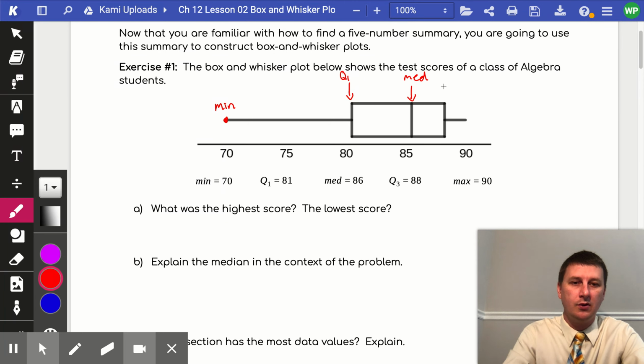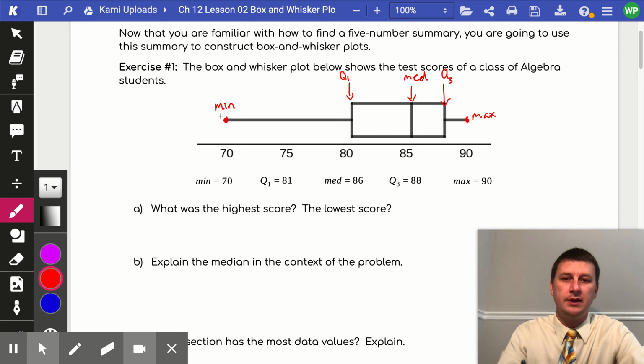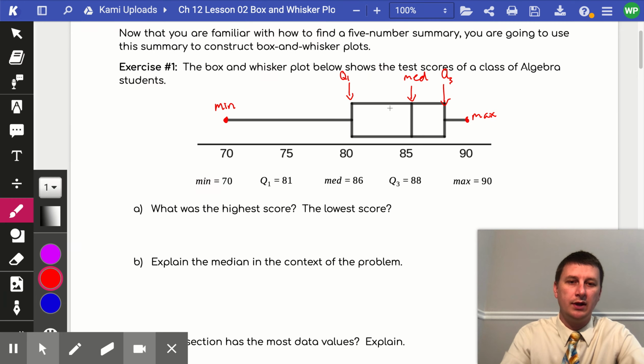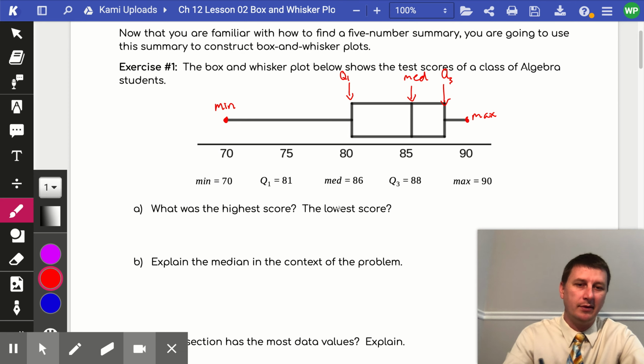And our third quartile is the right side of the box. That's going to be Q3. And finally, the whisker that goes to the right, that's going to be our maximum value. So these are the 5 numbers in the 5-number summary shown on a box and whisker plot right here. So it wants to know what was the highest score and the lowest score. Well, just by looking at this 5-number summary, we know that the highest score is the maximum.